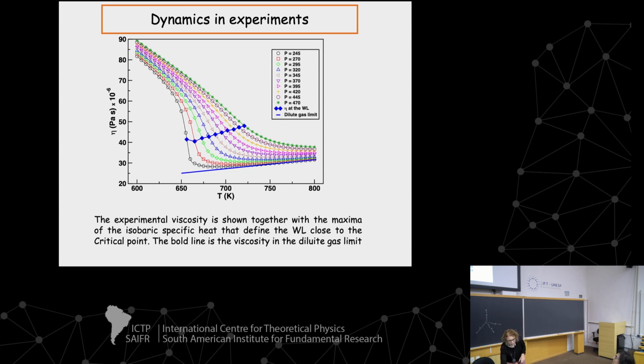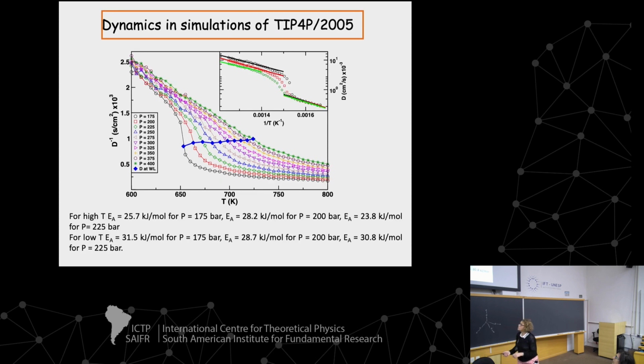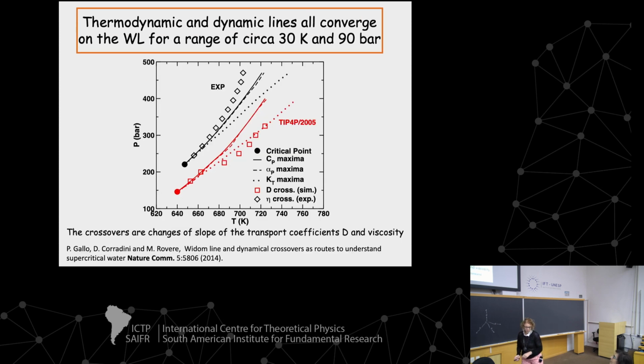So this is the experiment, this is the simulation, and again this is the Widom line, this is D to the -1, that is similar to viscosity, and again this is the Widom line that we extracted from simulation that follows exactly where the inflexion is. And here is what we found out, that thermodynamic and dynamic lines all converge on the Widom line for a range of circa 30 Kelvin and 90 bar.